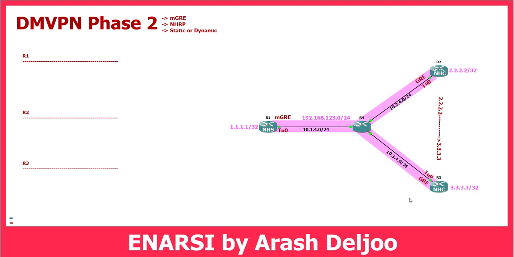But don't forget, each of these two, Phase 1 and Phase 2, has some usage. Because of that, we cannot say we are using Phase 2 or Phase 1 every time. When you want more security, maybe Phase 1 is better because all traffic goes to router 1. Here we can pass the traffic through a firewall or some other security tools.